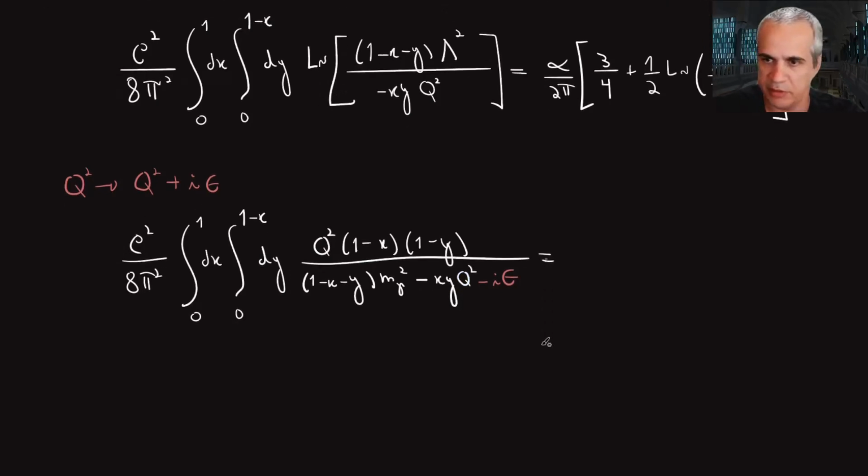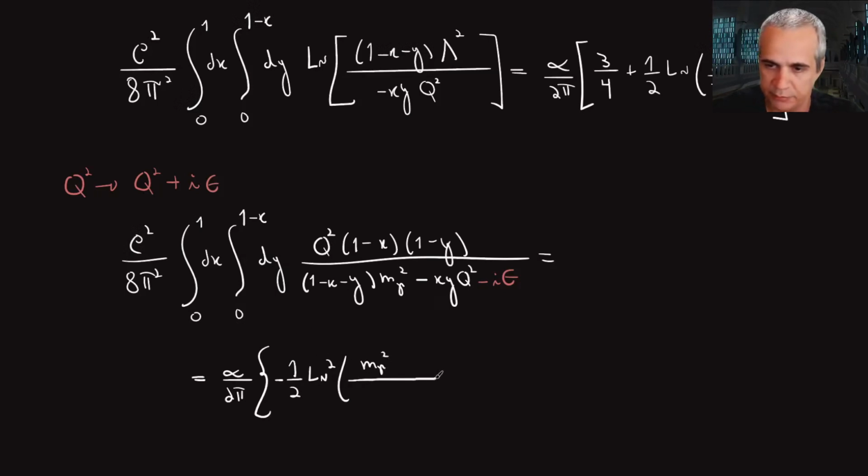And the answer is, I'll just write it here, alpha over 2 pi minus half the log square. So this is the log to the second power. Usually these integrals, if you do in Mathematica, for instance, you get these polylog functions, right? And so the second one is the log square of m gamma square over minus q square minus i epsilon.